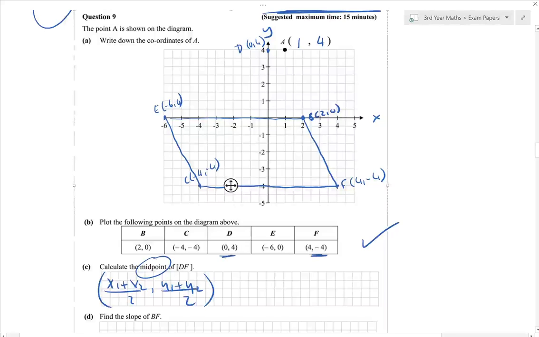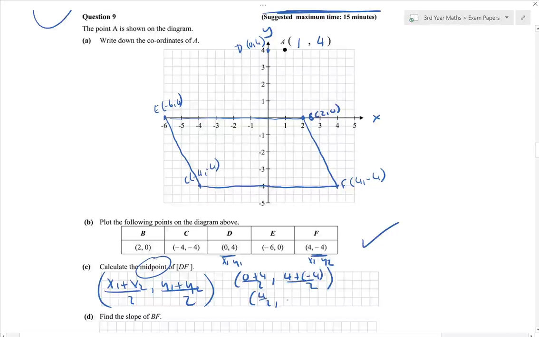Okay, so I'll call that x1, y1, x2, y2. Okay, and I'll sub into my formula. So 0 plus 4 over 2, 4 plus minus 4 all over 2. So I've got 4 over 2 and 0 over 2, which gives me 2 and 0.